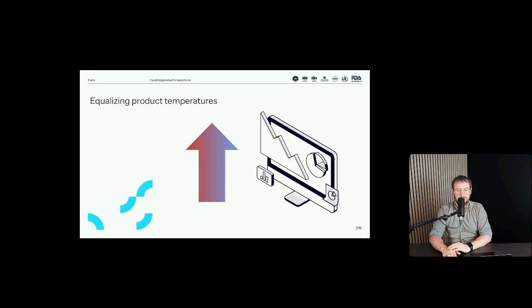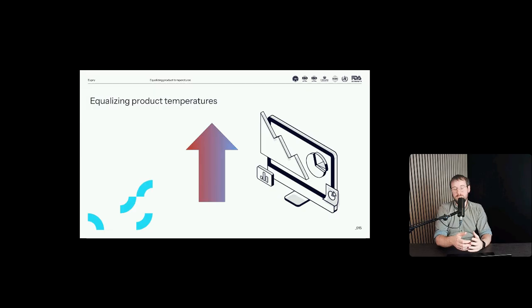As I said before about equalizing product temperatures, that's really one of the operational risks, and we'll get into risk categorization in just a short while. Again, there are basically 2 scenarios in which equalizing product temperatures is relevant.